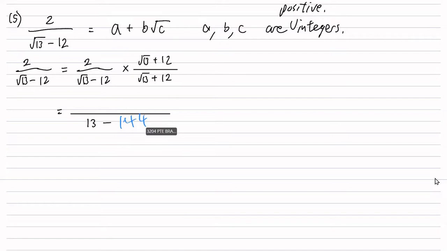Okay, yes, correct. Then 2 you multiply, so you get 2 square root 13 plus 24.